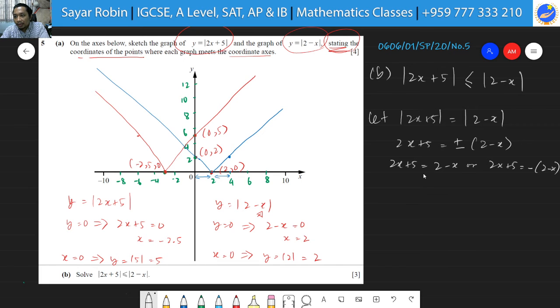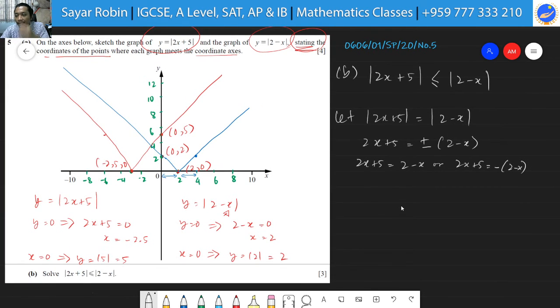So we can continue: 2x plus x, 3x is equal to negative 3, x is equal to negative 1. All right? And then 2x plus 5 is equal to negative 2 plus x, and then x is equal to negative 7.